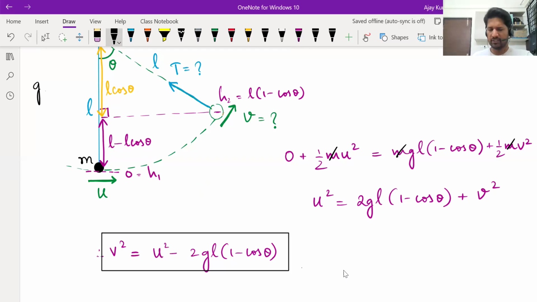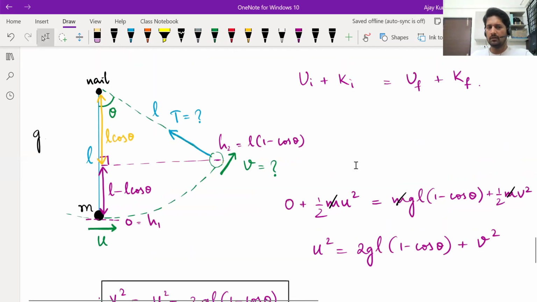We got an expression for v square. From that, you can get v also. That's fine. Now, one of you tell me how to derive the expression for tension at that point or at that level.